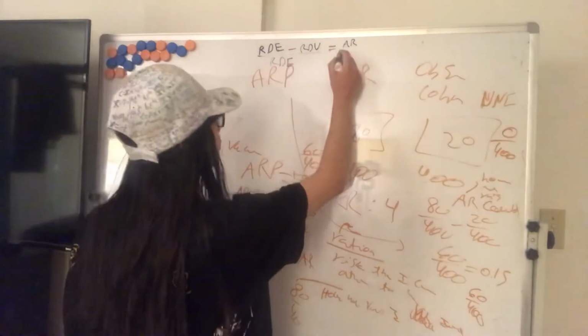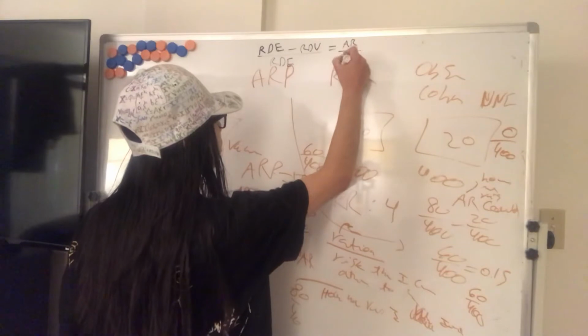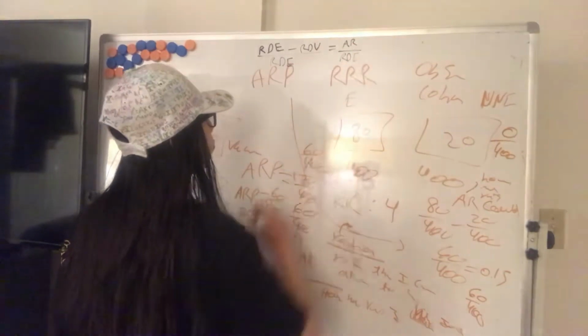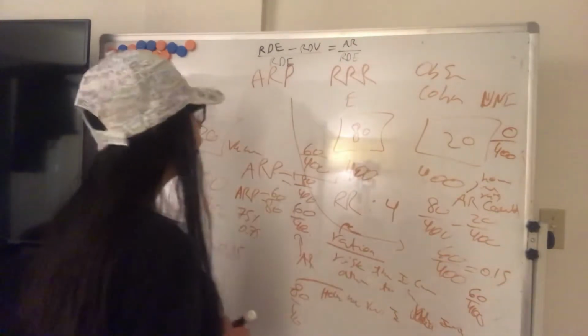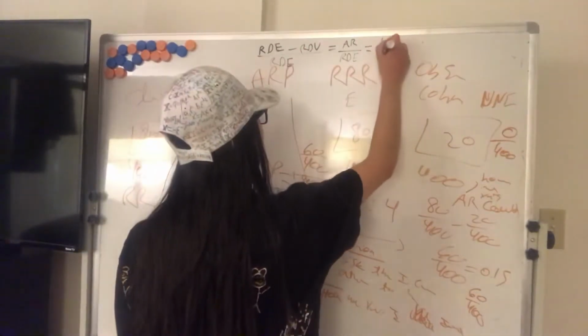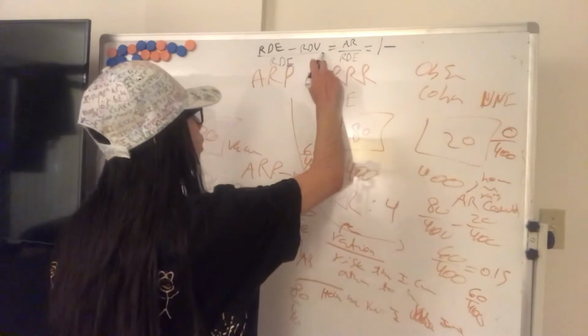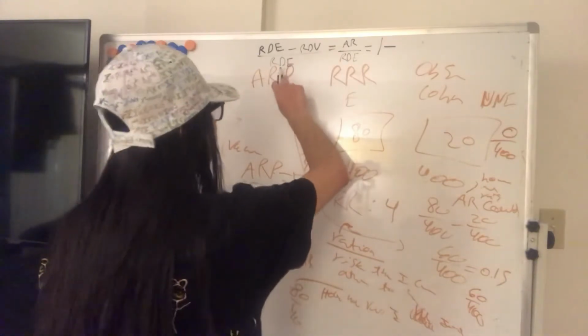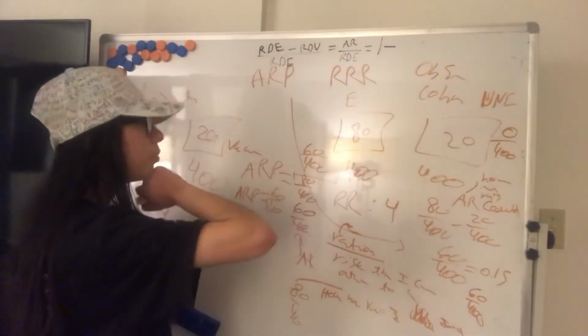Another way to see it is this will be 1, minus the rate of disease in the unexposed divided by the rate of disease in the exposed.